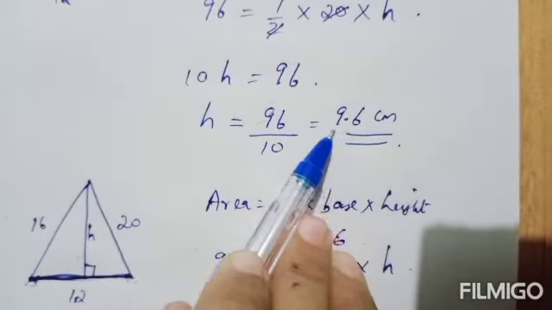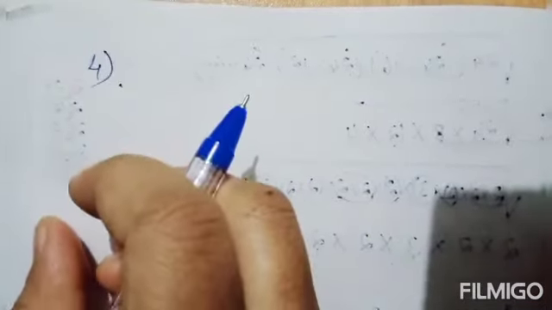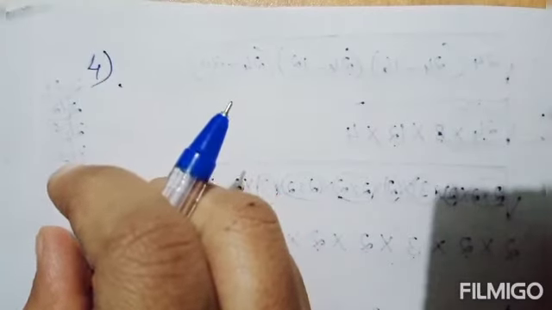And for the largest side it is 9.6 centimeters. Okay. Next, fourth question. Two sides of a triangle are 6.4 meter and 4.8 meter.